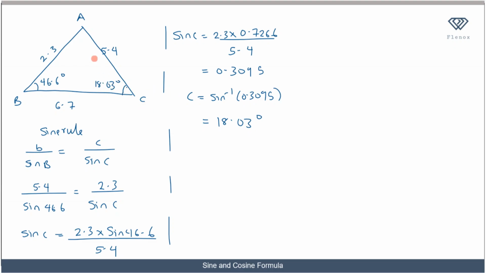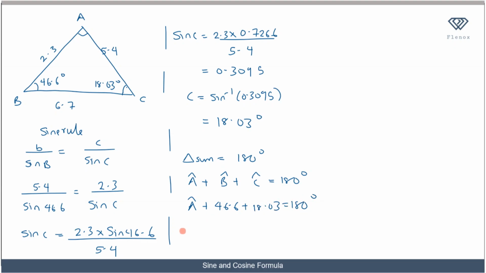Now to find angle A, I know that the sum of angles in a triangle is equal to 180 degrees. So angle A plus angle B plus angle C must be equal to 180 degrees. Now I know my angle B and angle C. So angle A plus 46.6 plus 18.03 is equal to 180 degrees.